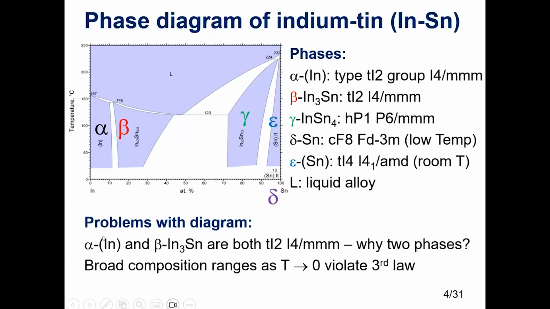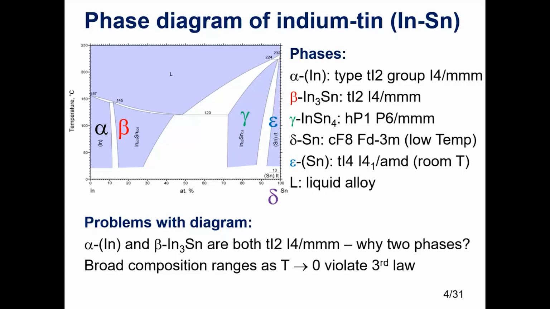Okay, so what are some of the problems with the phase diagram? Well, the first problem is that alpha indium and beta indium tin, they both have the same Pearson type, tI2. So they're both body-centered tetragonal with space group I4/mmm. So it looks on the surface as if they're both the same structure.